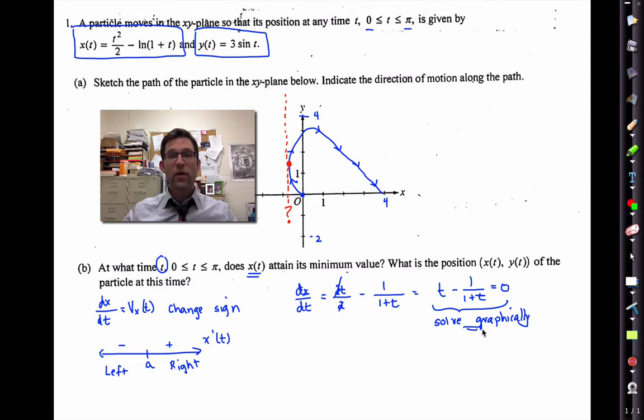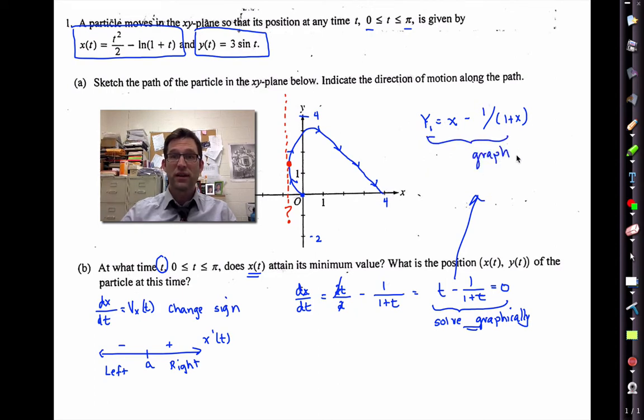We can solve that graphically, but we'd have to go back into function mode. Currently we're in parametric mode, but we could solve this graphically by going back into function mode and, strangely enough, putting it in terms of x, and then we could graph this. Now what we have to keep in mind is that that x right here, the one that I just circled, is really t.